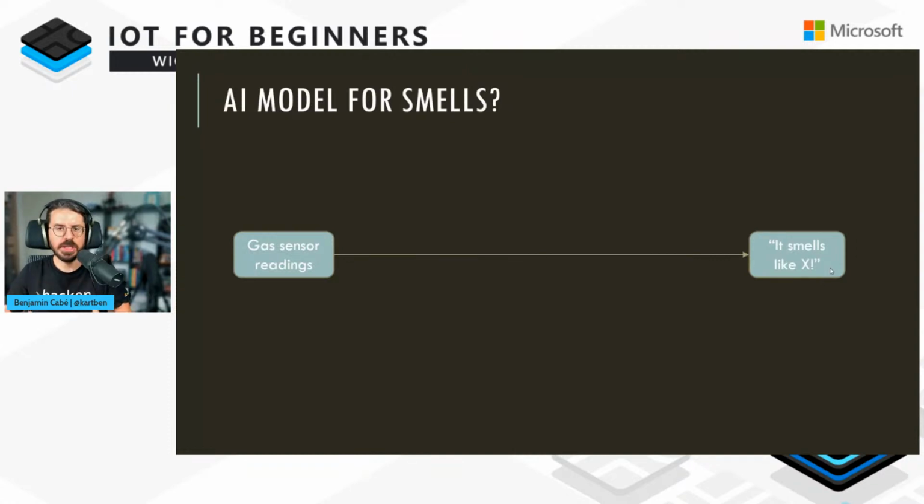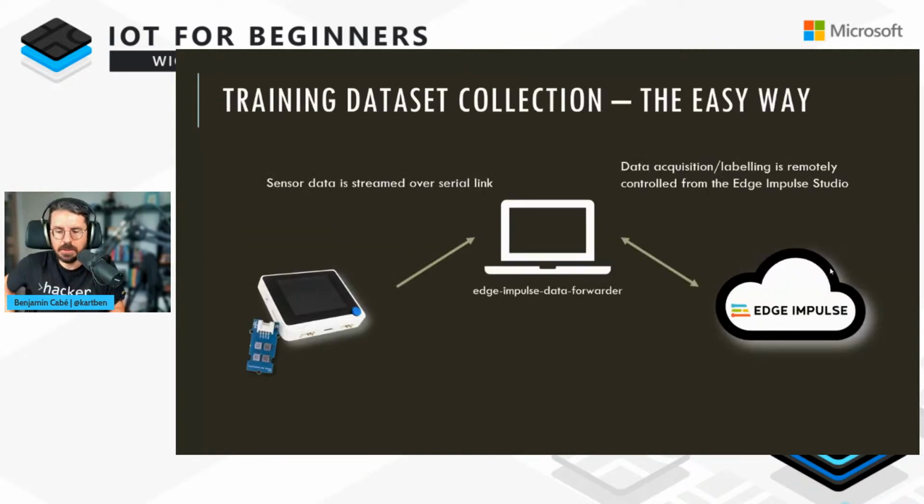And so I would need to acquire tons of data and label the data. So the idea would be to leverage, and that's early, I think we're talking May of 2020, I decided that I would use the Edge Impulse tool to help me in my journey. And it turns out the tool provides a great solution for taking the data from my sensors, going through the WioTerminal directly to the cloud.